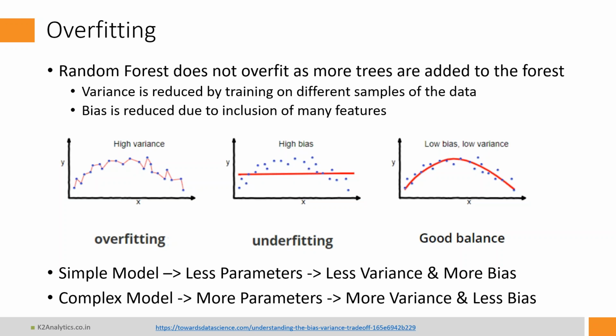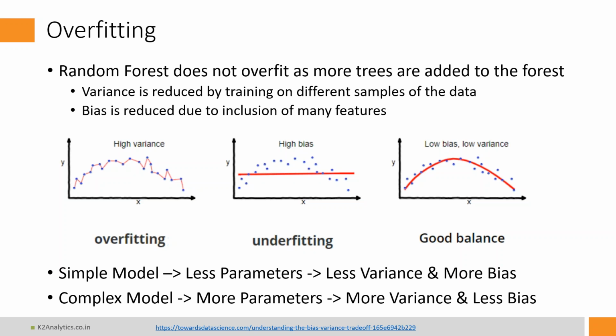There are certain diagrams shown here for overfitting, underfitting, and good balance. The bottom two bullet points are very important. If you build a very simple model, it will have fewer parameters. If you have fewer parameters, certain parameters will be left out, which means your variance will be low, but bias will be high.